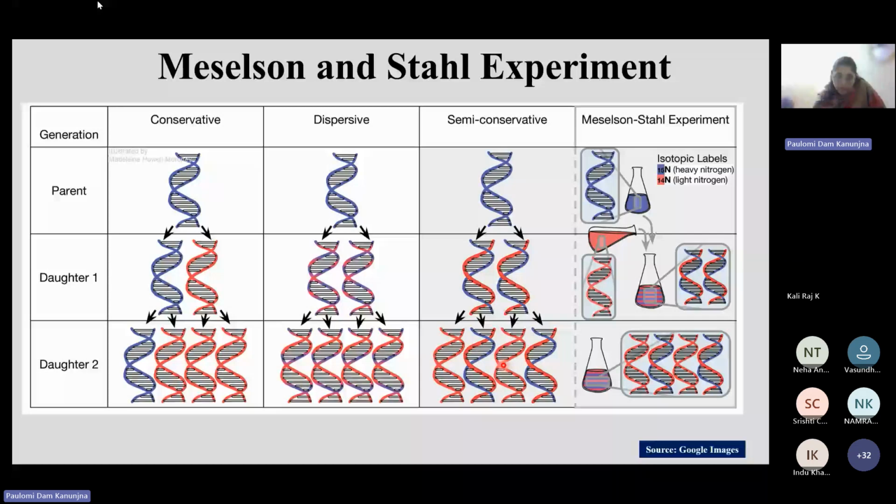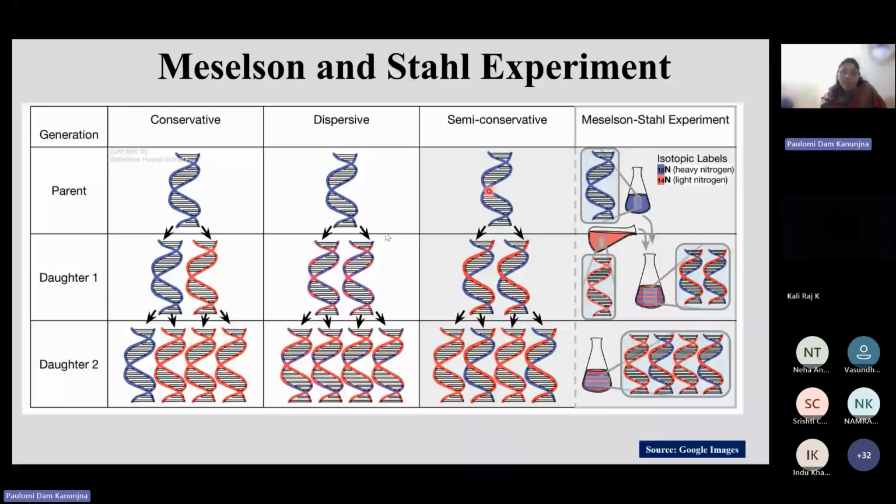Okay. So what they saw was that in generation zero, when they were in heavy nitrogen N15, there was only one band. Of course, because you have only one kind of DNA molecule, right? So you have only one band, which was N15, N15. Makes sense. Now in the next generation, what they saw was a single intermediate hybrid band.